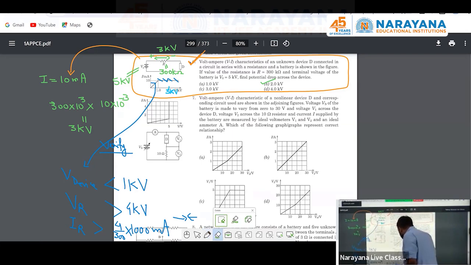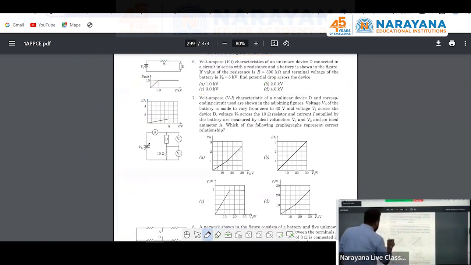Okay, because the second question is also there on this page only. So try question number 7. Again, the V versus I characteristic of a nonlinear device and a corresponding circuit used are shown in the figure. Now, voltage VB of the battery is made to vary.